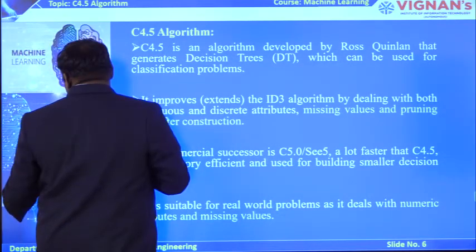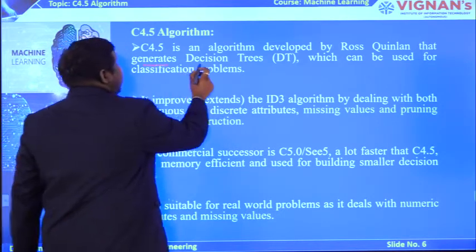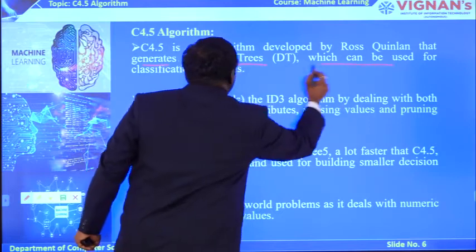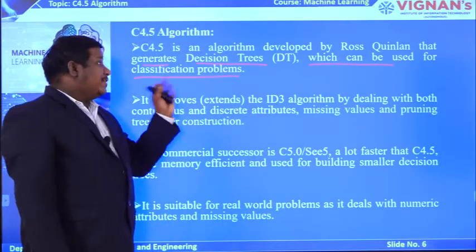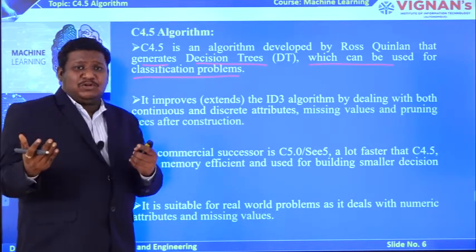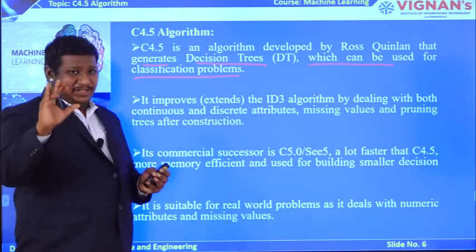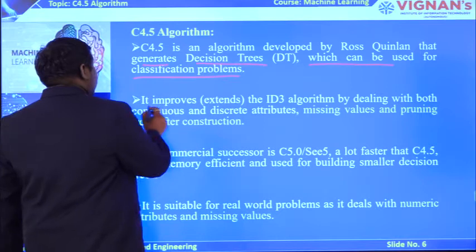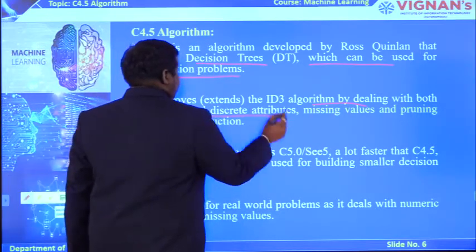Basically, the C4.5 algorithm is developed by Ross Quinlan that generates decision trees, DT, which can be used for classification problems. So, basically this C4.5 algorithm will give you the decision tree as an output, and that can be mainly used for solving classification problems. It improves the ID3 algorithm by dealing with both continuous and discrete attributes.